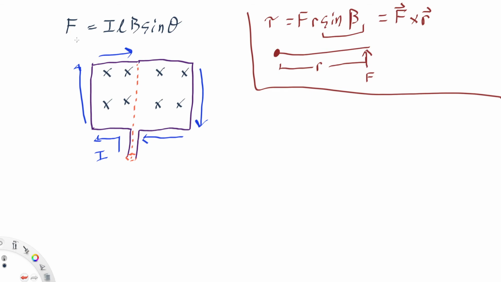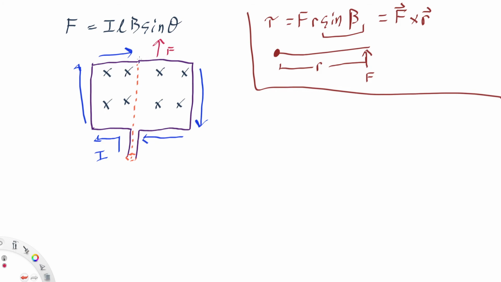So the force on the bit of wire that the current is running through is going to be ILB sine theta, just like we got from the last slide. If we use the right-hand rule, on the top, fingers in the direction of the current, palm toward the screen, the force is up, right? So on the top part of this wire, the force will be up.